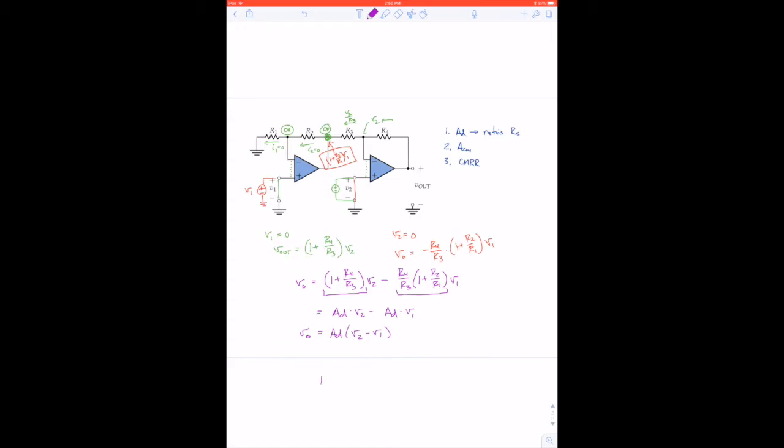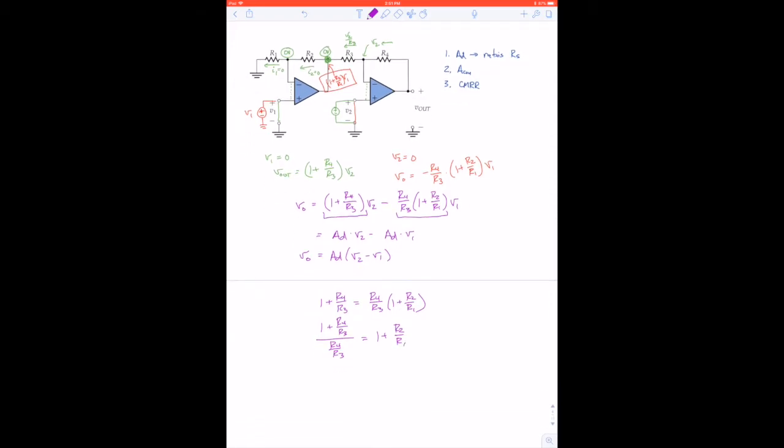So we can write 1 plus R4 over R3 should be equal to R4 over R3 times 1 plus R2 over R1. And so if we write 1 plus R4 over R3 divided by R4 over R3 is equal to 1 plus R2 over R1. For the left-hand side of this expression, we can multiply top and bottom by R3 over R4.